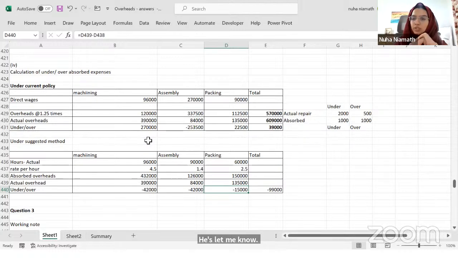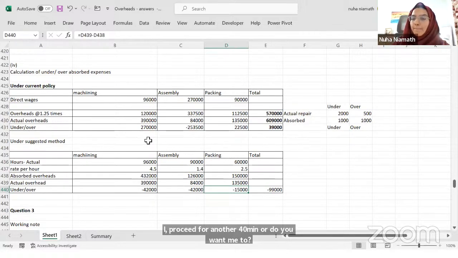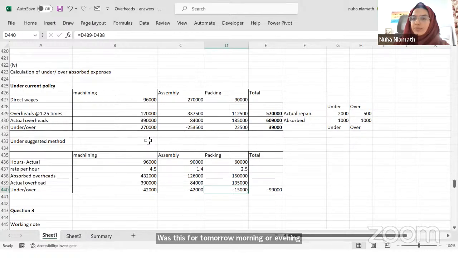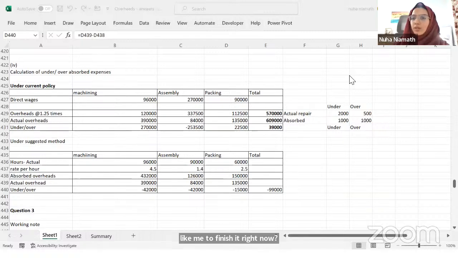Shall I proceed for another 40 minutes, or do you want me to push this for tomorrow morning or evening? Same time tomorrow. Is that okay, everybody? Or would you like me to finish it right now? Same time tomorrow. Okay, I think everybody is fine with same time tomorrow.